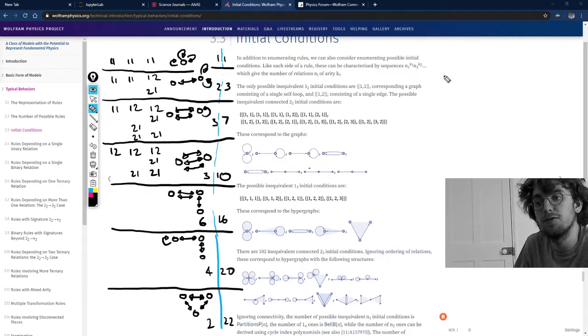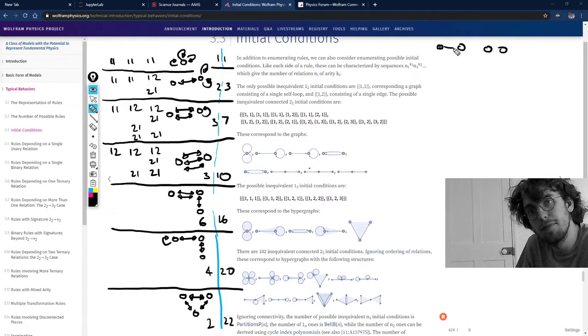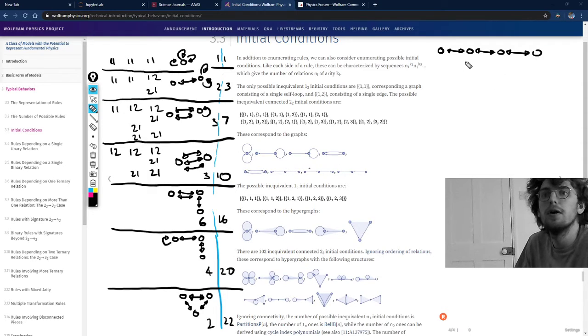Okay, and now we get to sequences of 4. One, 2, 3, 4.